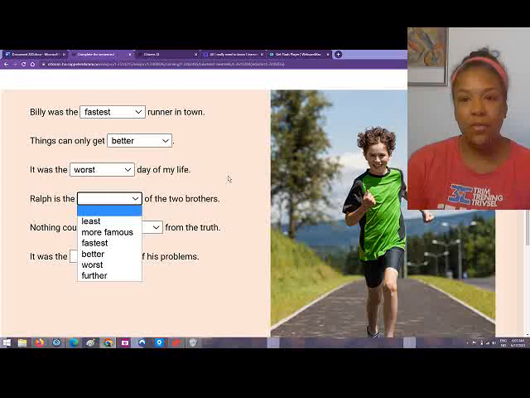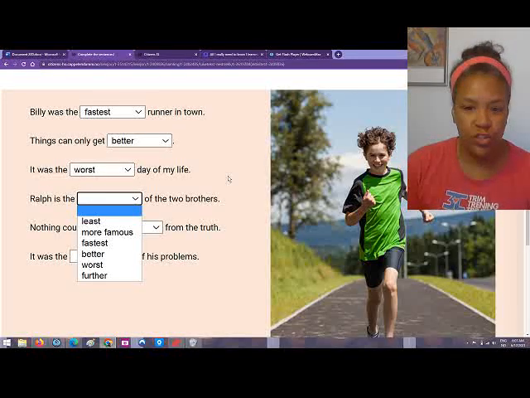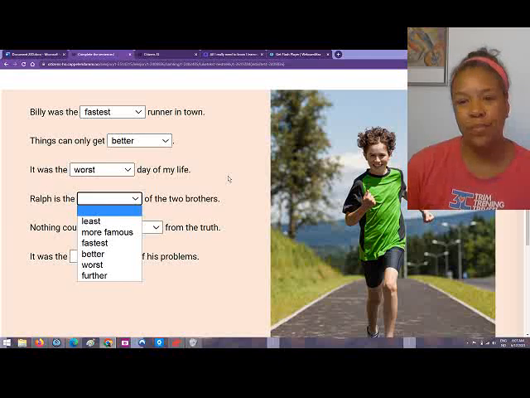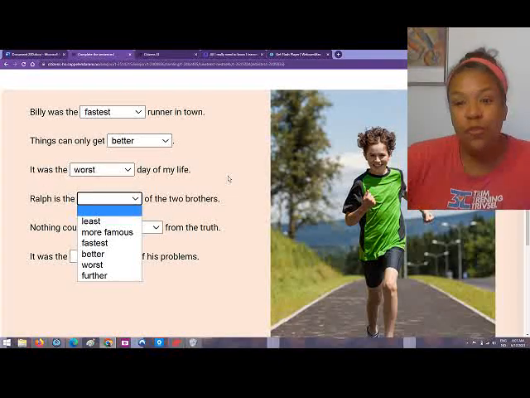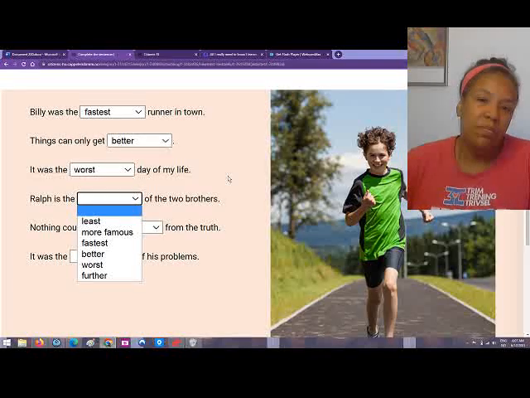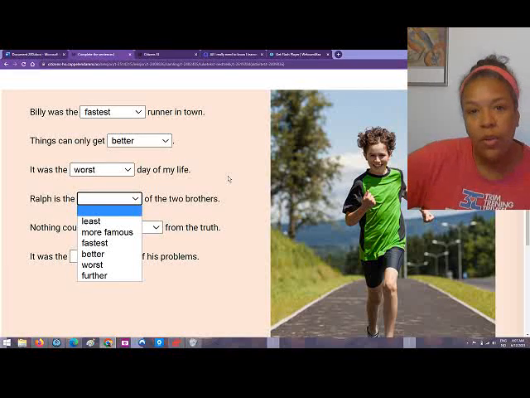So here you have the word least, more famous, fastest, better, worst, or further. If I'm talking about fame, who is more famous, Ralph or his brother?